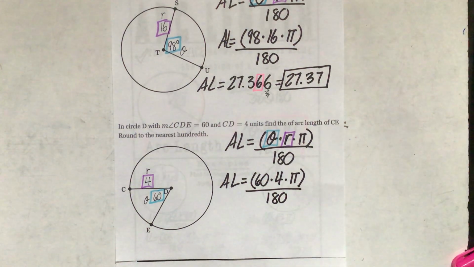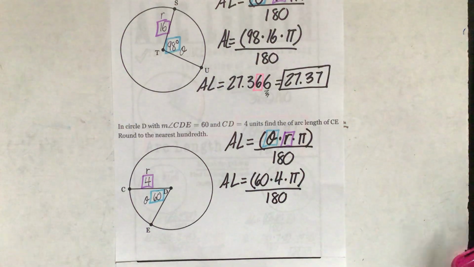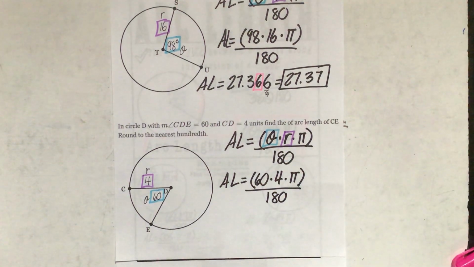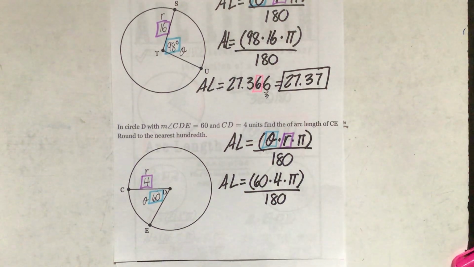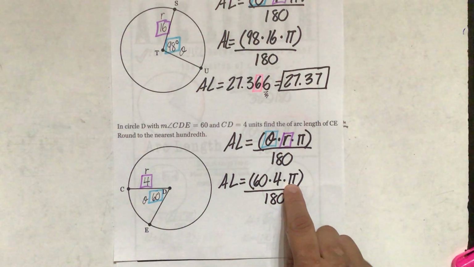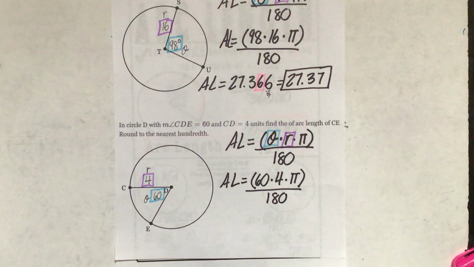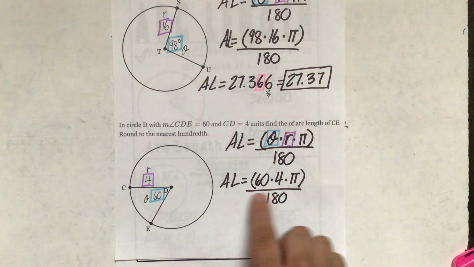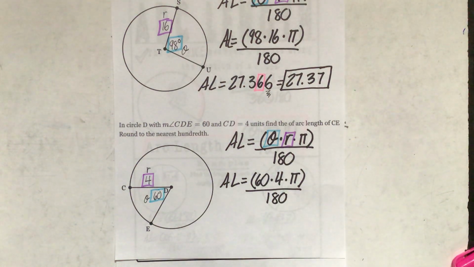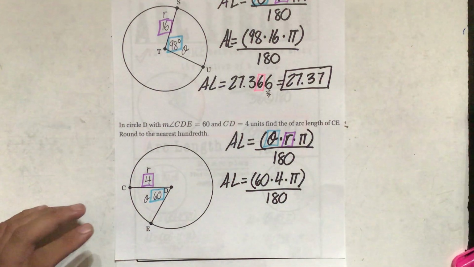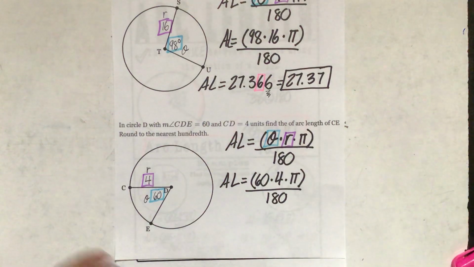So use your Delta Math calculator that you see there on the top right of the screen. Always start with parentheses. Parentheses 60 times 4 times pi. Pi is under the 3. Parentheses, divided by 180, and you get 4.188.